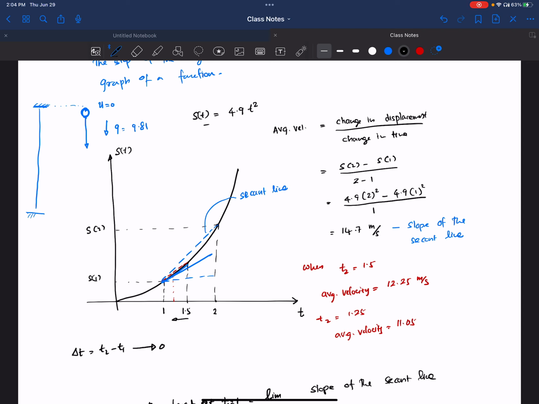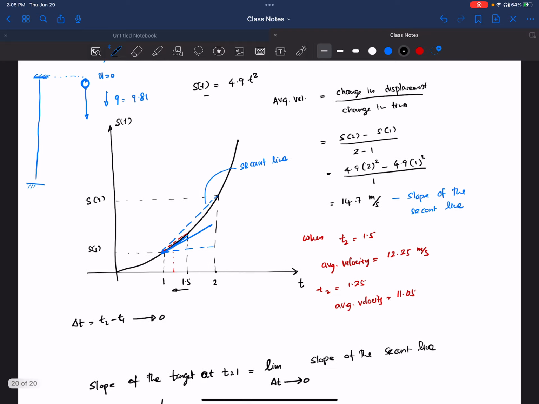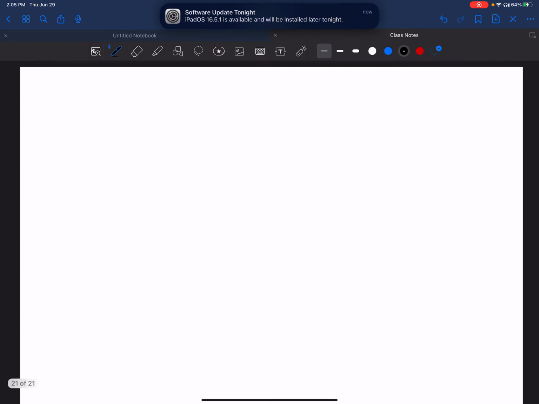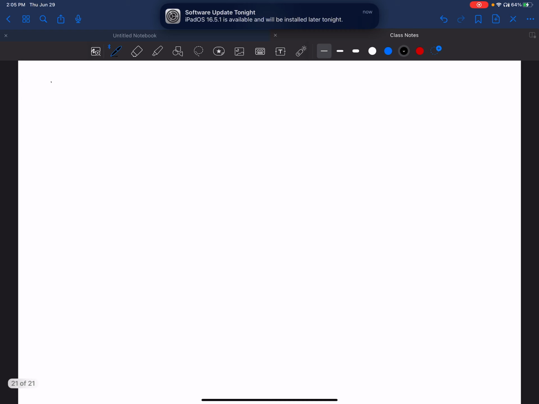Now we're going to look at a different function. Here the function is f of x equals x cubed. So this is an example.